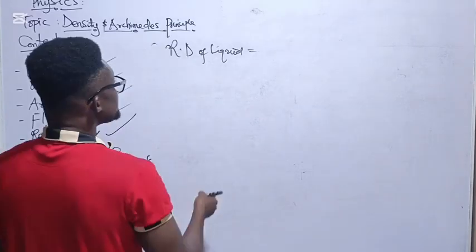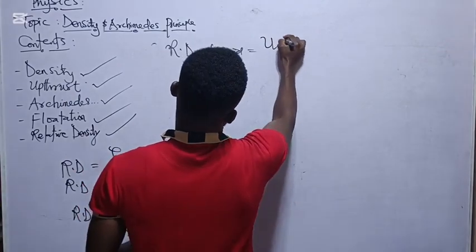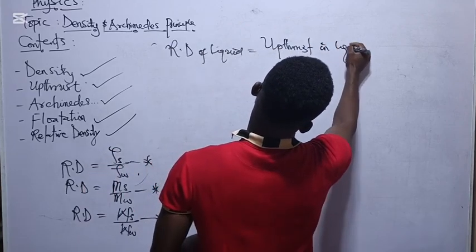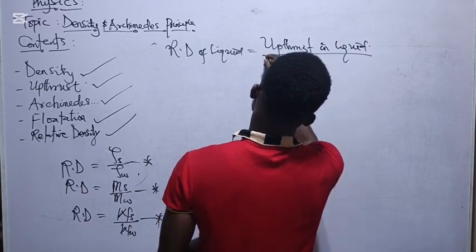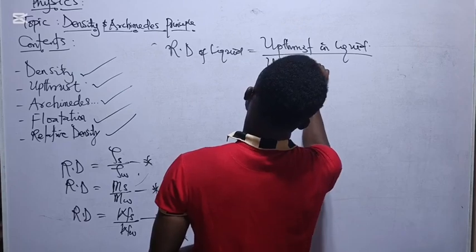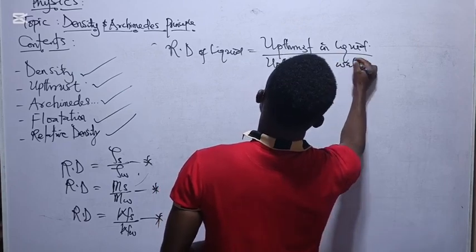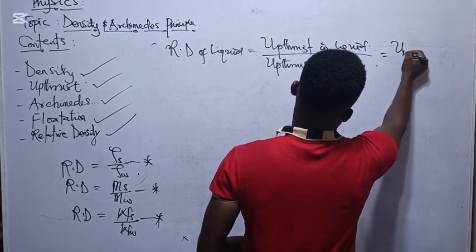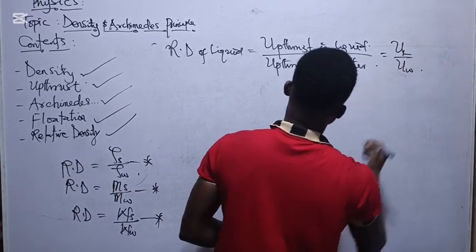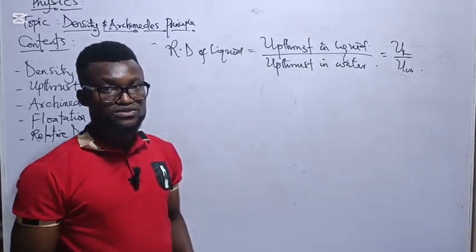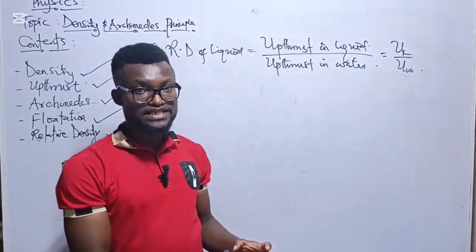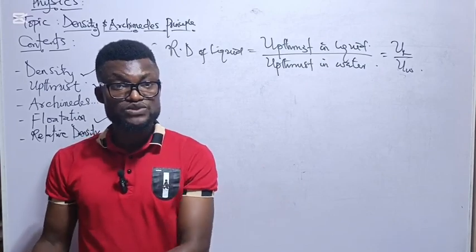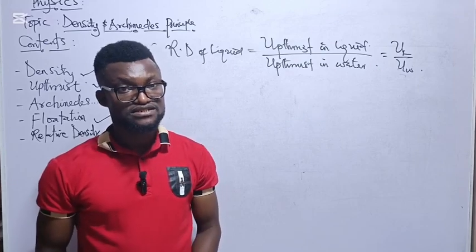Hence, you can now say relative density of a liquid is the upthrust in liquid over upthrust in water. So that gives a formula. So in that case, we have a short formula here as upthrust of liquid over upthrust of water. Then again, the volume that was displaced by that ball in the kerosene will still be the same volume it will displace in that water.